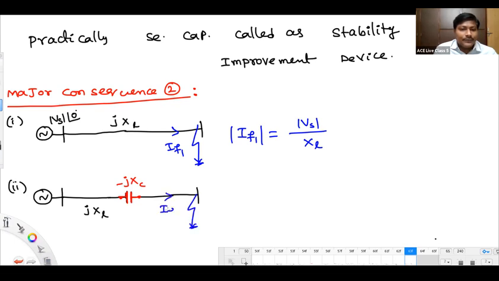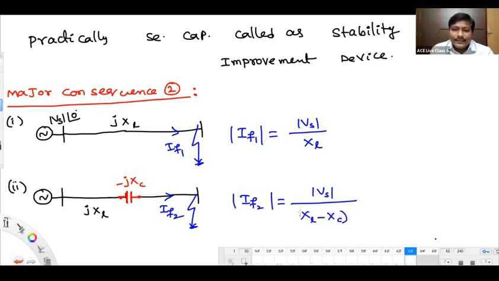The current is IF2 here. What is the magnitude of the fault current you get here? That is sending end voltage Vs by XL minus XC.